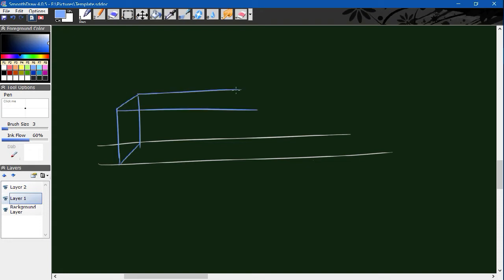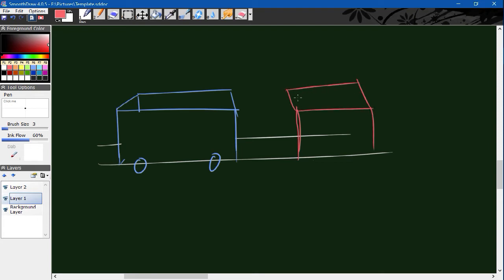I cannot draw a blue cabin. Alright, there, nailed it. Let's call it a car. And then we have another car. Trust me, that's a car.